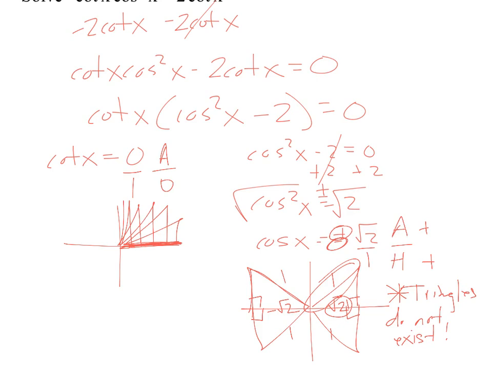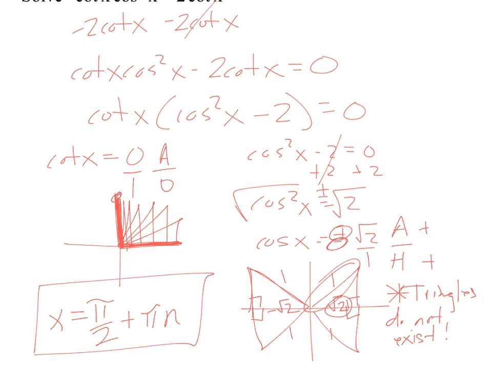It gets smaller and smaller until it becomes 0. So that's pi over 2 for our rotation. Since I'm working with cotangent, I simply add on pi, because the period for cotangent is pi. So we're adding on multiples of pi, pi n. So there's my solution to this problem.